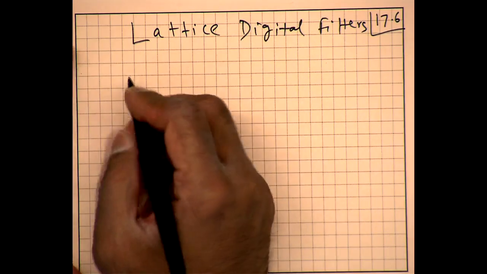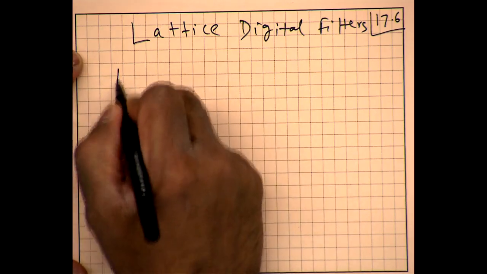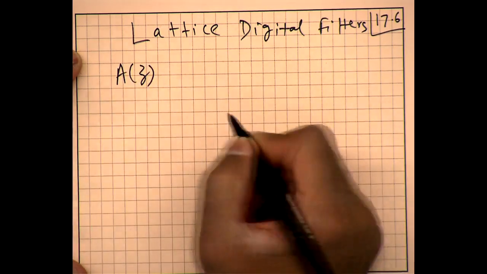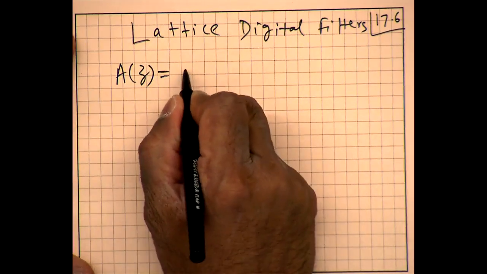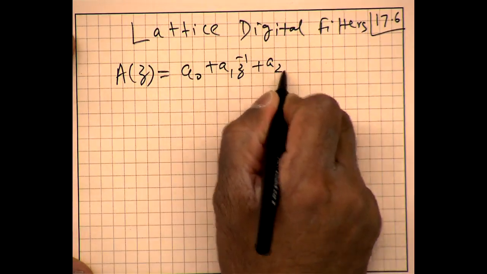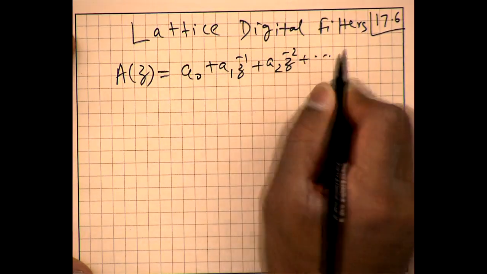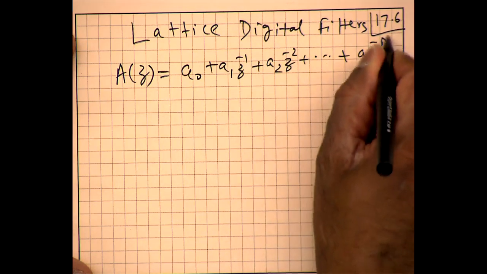So basically we are going to define some polynomial in z, let's call it A(z), which is a0 plus a1 z to the power minus 1 plus a2 z to the power minus 2 up to an z to the power minus n.